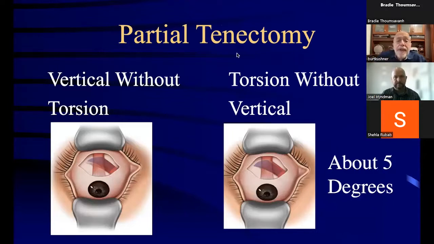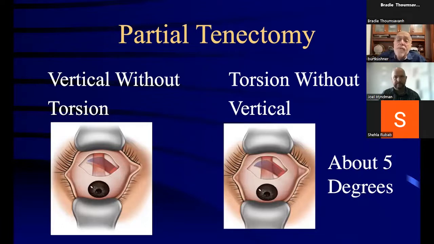We can do partial tenectomies. This mirrors what I just showed on the inferior oblique. If I want to correct vertical without torsion, we do the posterior 7/8 tenectomy. We cut out this roughly 7/8 posterior rectangle of the superior oblique tendon, leave the little slip anteriorly attached. And that's a weak but effective procedure for weakening the vertical action of the superior oblique.